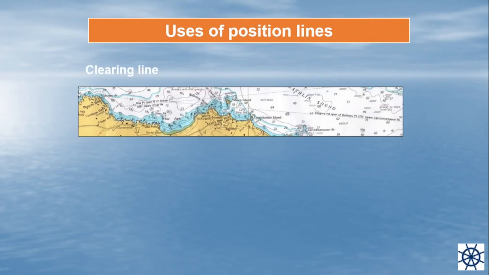Uses of position lines. So, clearing line. Ano yung tawag natin clearing line? Clearing line, ayan. Yan ang ating clearing line, which is yung ating dotted, no? Dotted or broken lines here. They make an angle here, no?